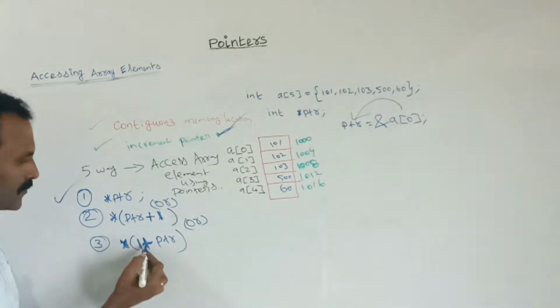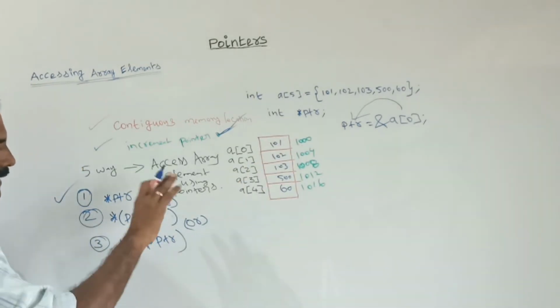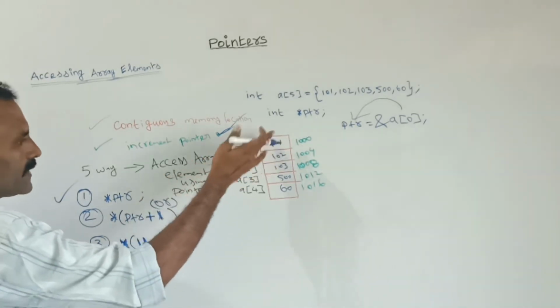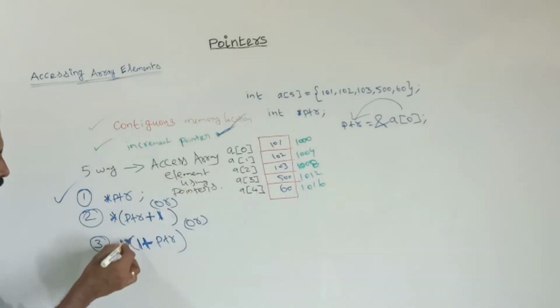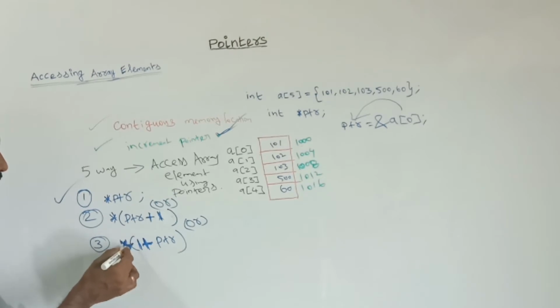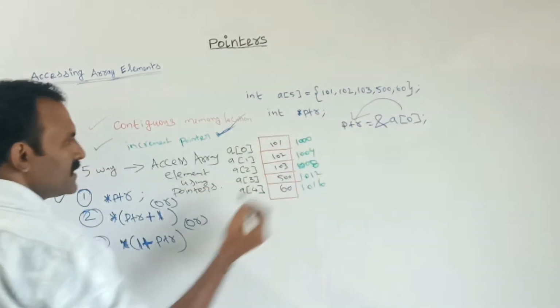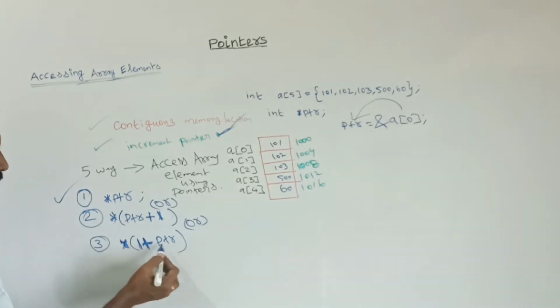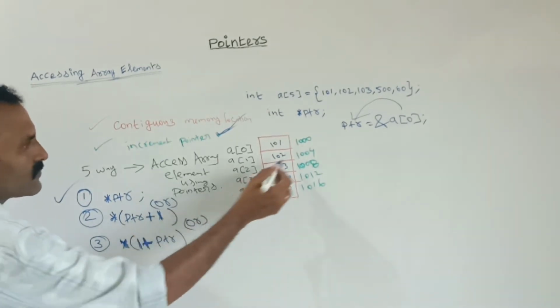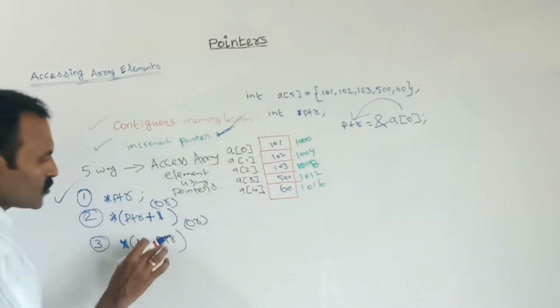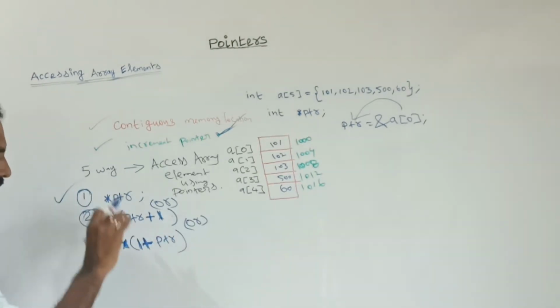I am saying 1 plus ptr means the next location to this ptr, that is, 1 into 4, that is 4, plus the ptr value 1000. So 4 plus 1000 is 1004. The value at address 1004 is 102. So in this way we can access the element from the current position.